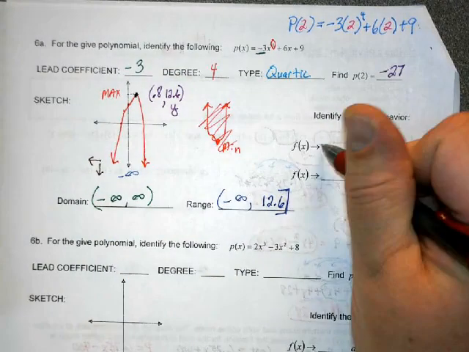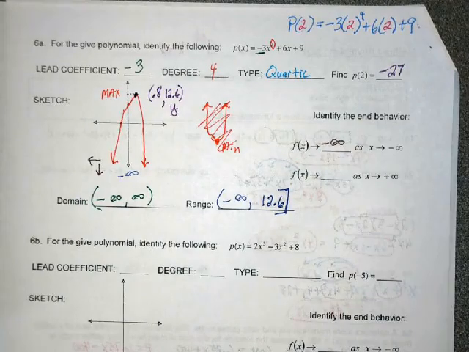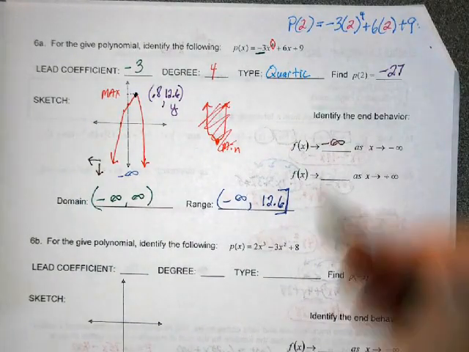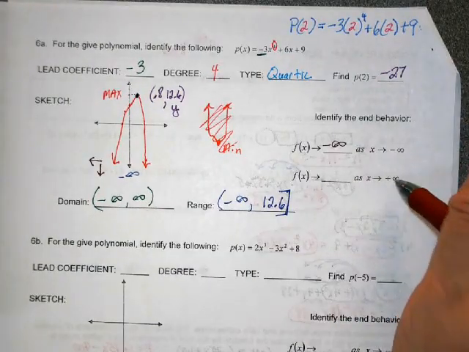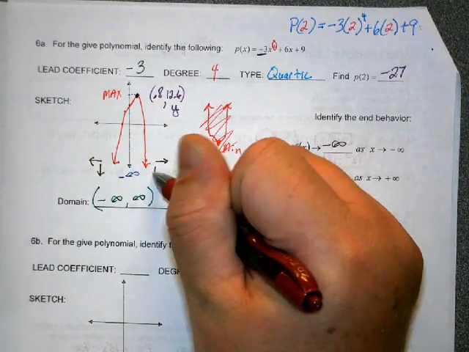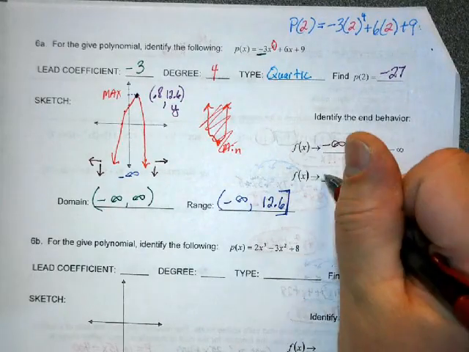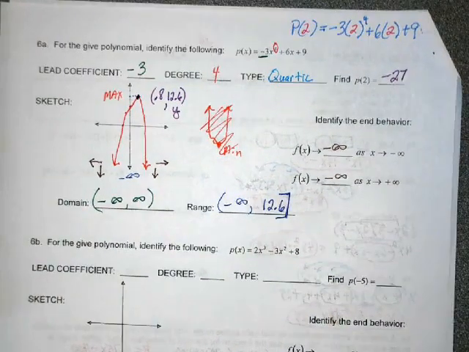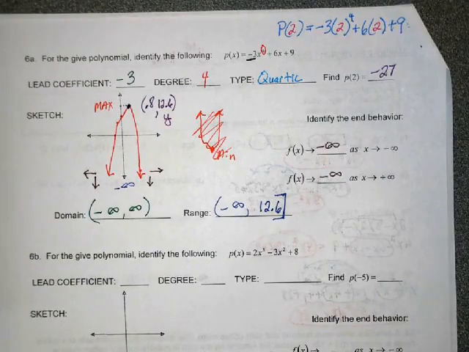And as my x goes to positive infinity, or to the right, what happens to my y? Negative infinity. So that's a long problem on your quiz tomorrow. It's going to take you 10 minutes just to do that problem at the minimum. I can do it in 2 minutes.